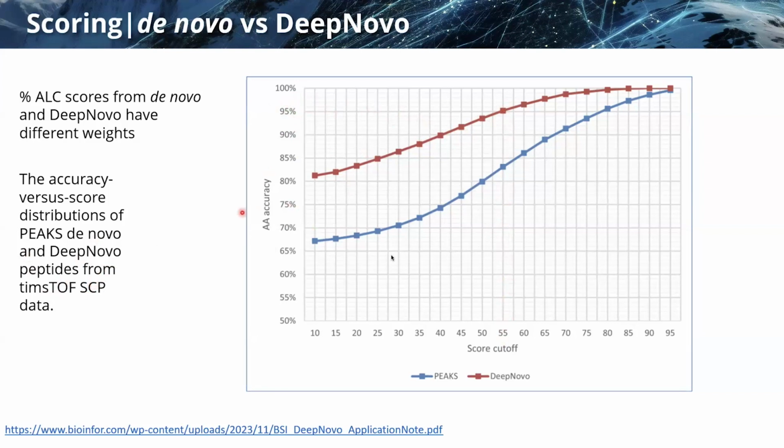We do have somewhat different distributions for different vendors, but the same accuracy for the de novo sequencing would be at around 80 of the score cutoff. So just generally speaking, we recommend about 80 to 90% score cutoff for de novo sequencing, and then about 60 to 70% score cutoff for DeepNovo sequencing for the same high accuracy of the peptide sequence.